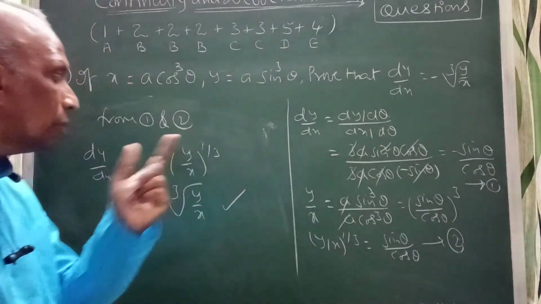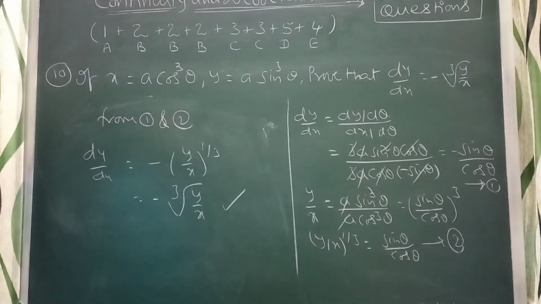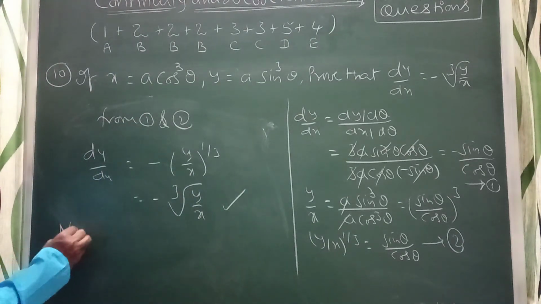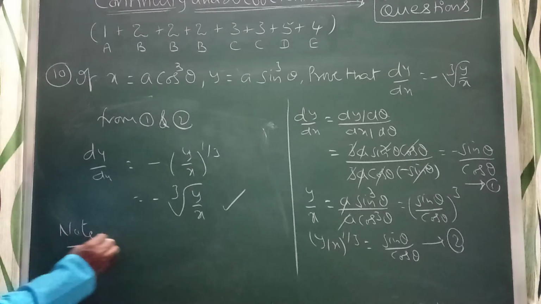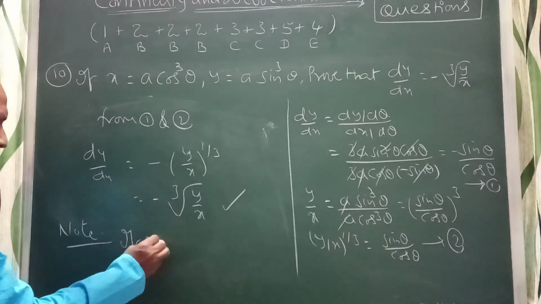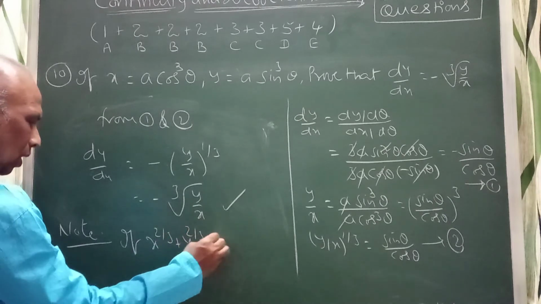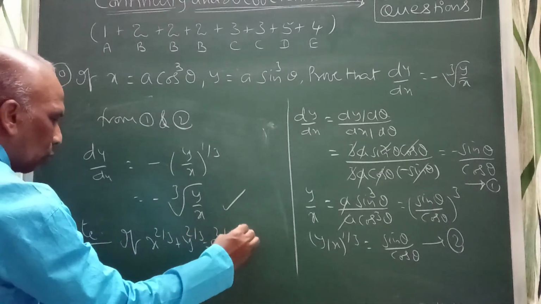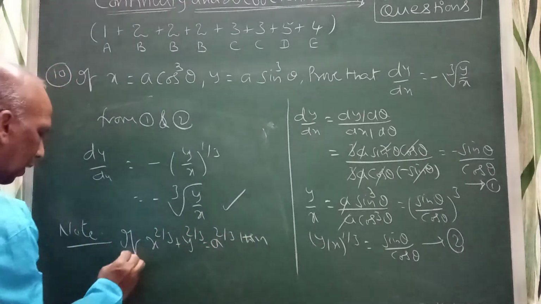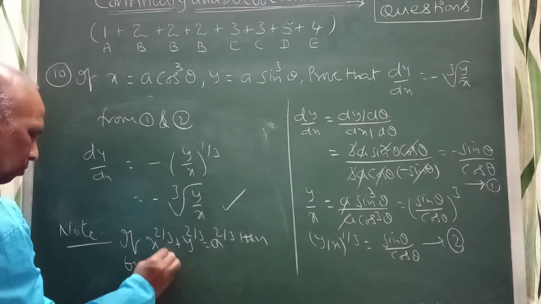That is the reason, remember, sometimes they may ask the same problem as a note: if x power 2 by 3 plus y power 2 by 3 equals a power 2 by 3, then find dy by dx.